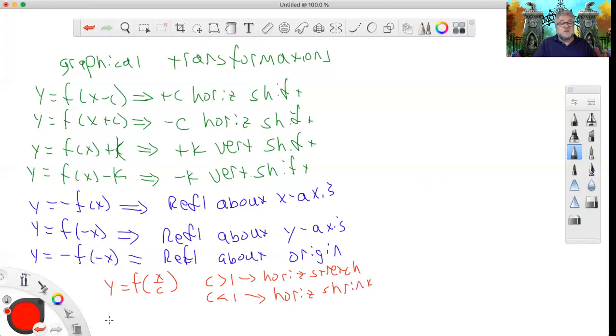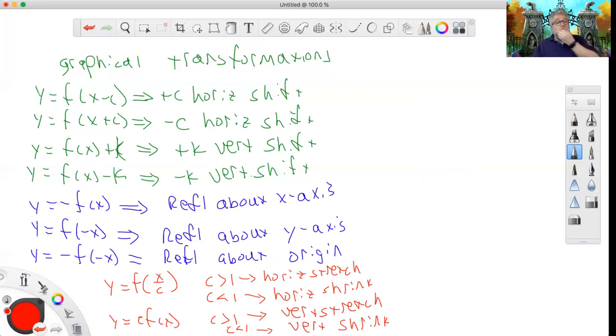And lastly, y equals c times f of x. If c is greater than 1, vertical stretch. And I got room, c less than 1, vertical shrink. And I think that's it. Did I get them all? Yeah. So these are all the rules for all the transformations.